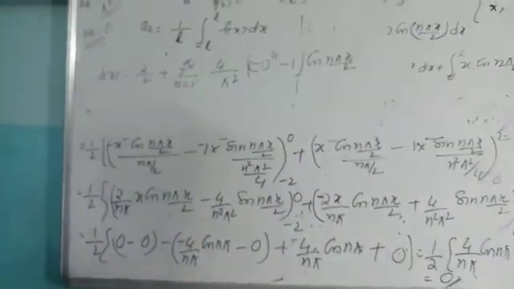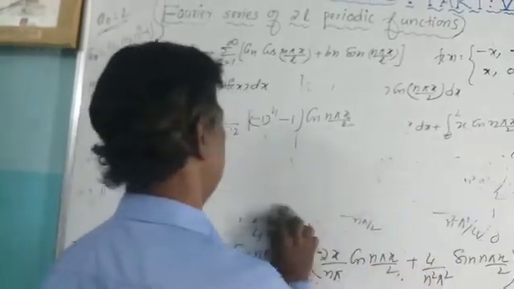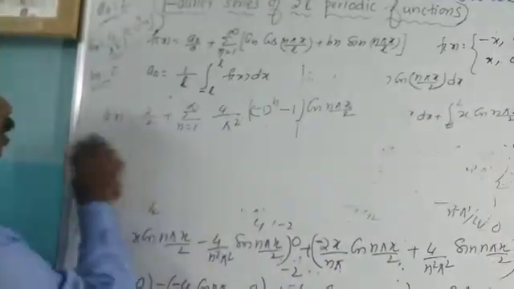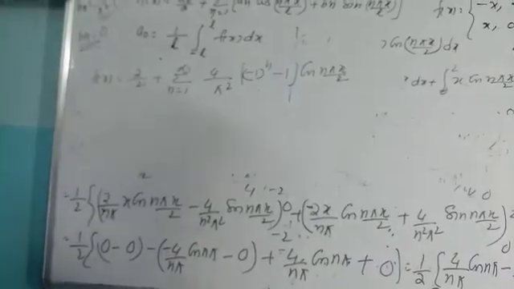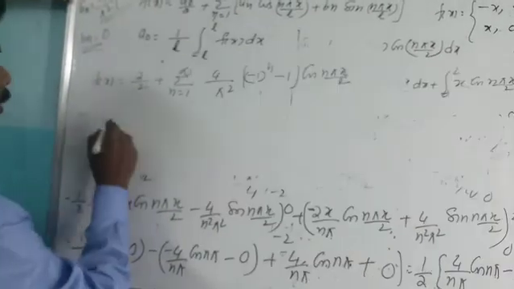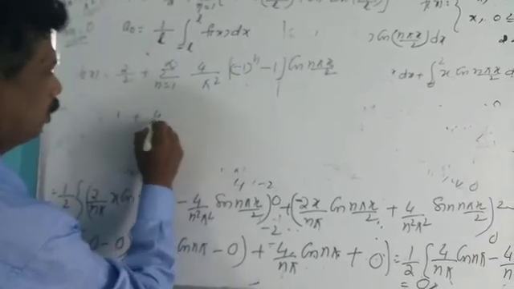Then f(x) equal to a0 by 2, a0 means 2, so 2 by 2 plus sigma n equal to 1 to infinity of 4 by π² into ((−1)ⁿ − 1) into cos(nπx/2). Put n equal to 1, 2, 3. That is 1 plus, we can take 4 by π² as a common term.